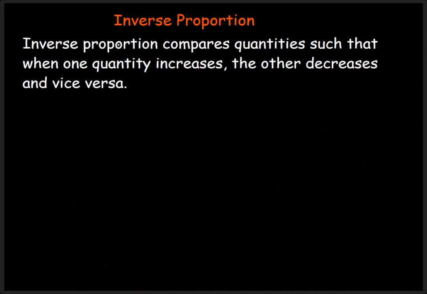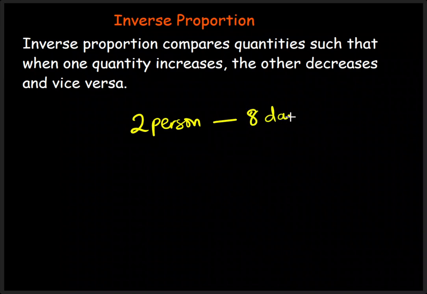Now, if we have a proportion question in which maybe we are looking at two persons, two persons can do a particular work, let's say in 8 days.